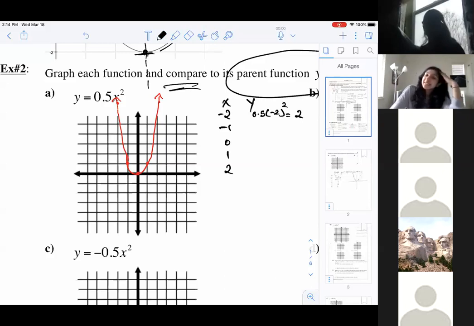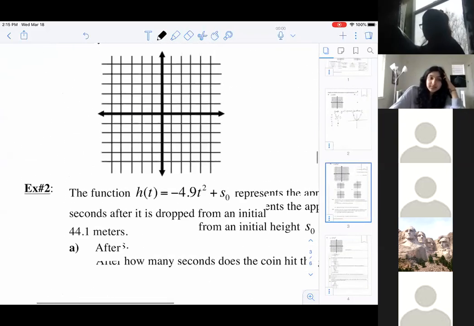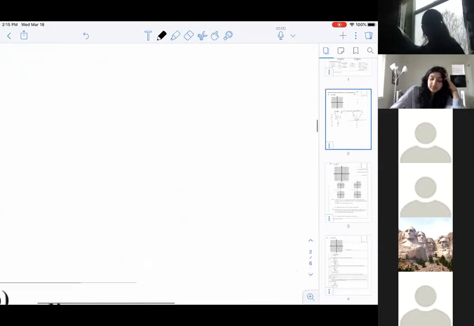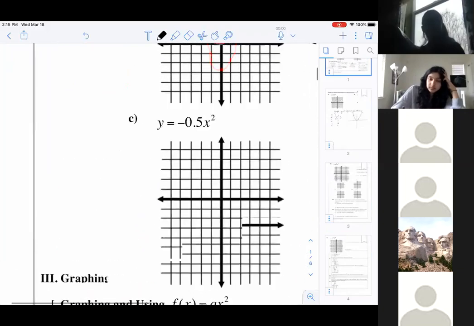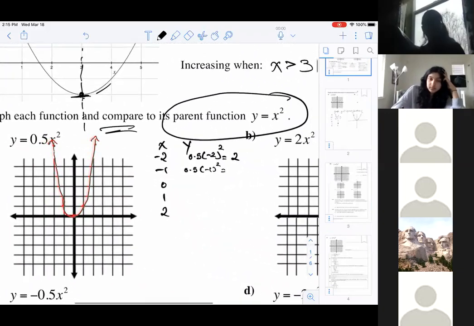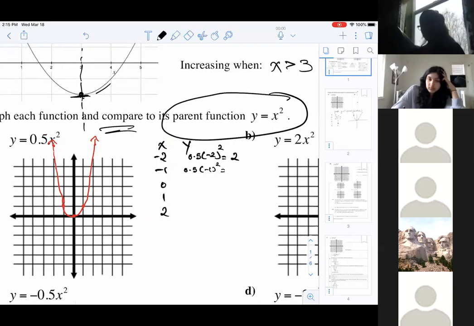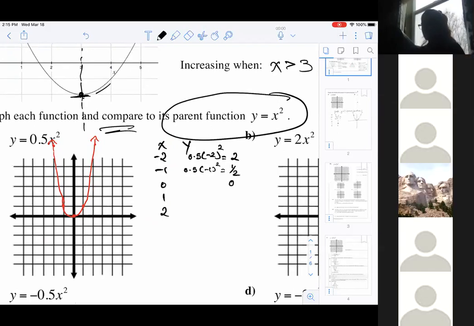And then when x is -1, it's going to be 0.5 times -1 squared, which is? 0.5. For 0, it is 0. For 1, it's going to be half. And for 2, it is 2.